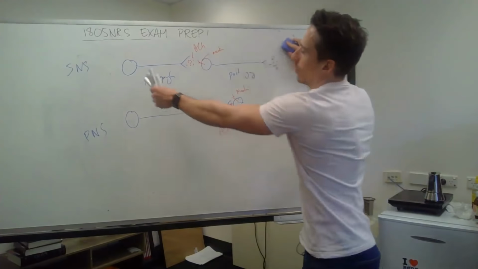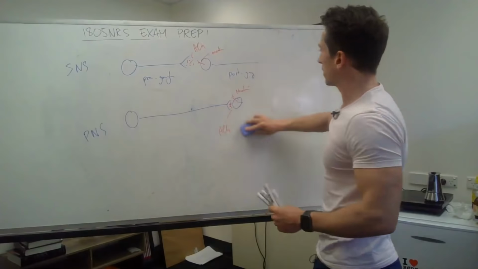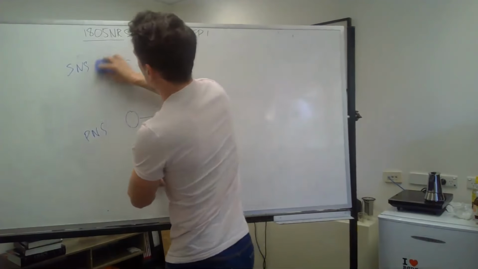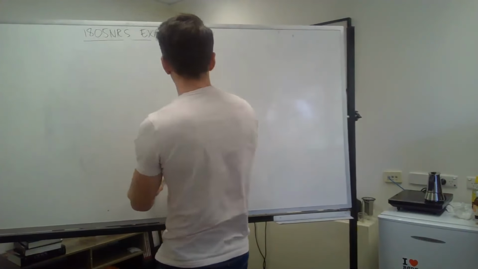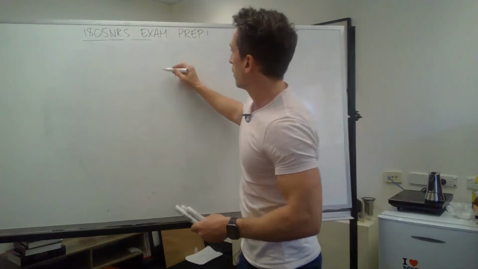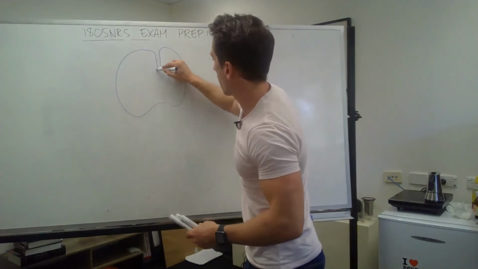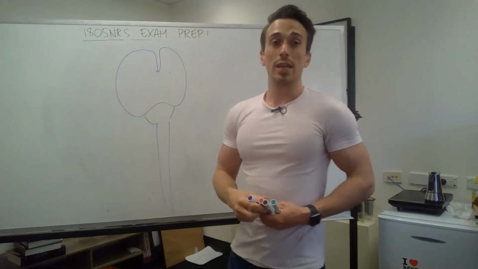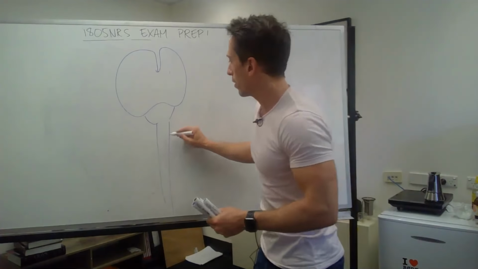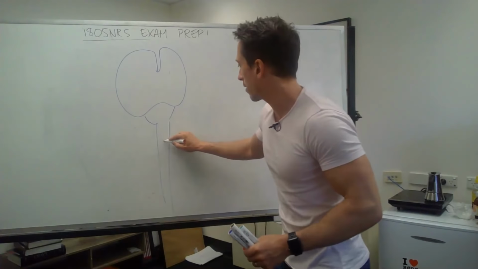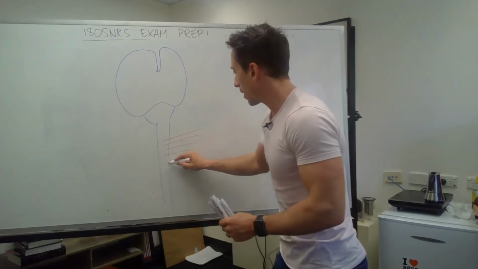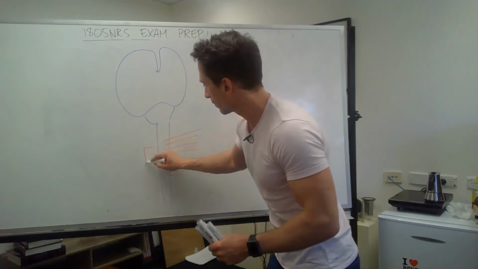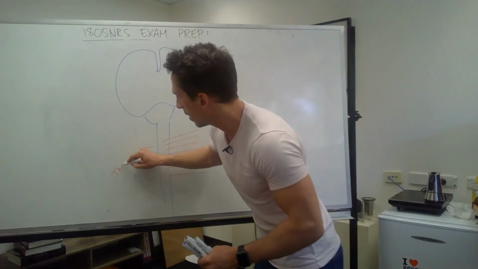Now, I'll rub this out. Where does it exit the body? Where do these neurons exit the body for the sympathetic versus parasympathetic? It's easy, but don't forget it. I draw the brain up. For the sympathetic nervous system, all those first preganglionic neurons come out of the thoracic or lumbar region, which we term thoracolumbar.